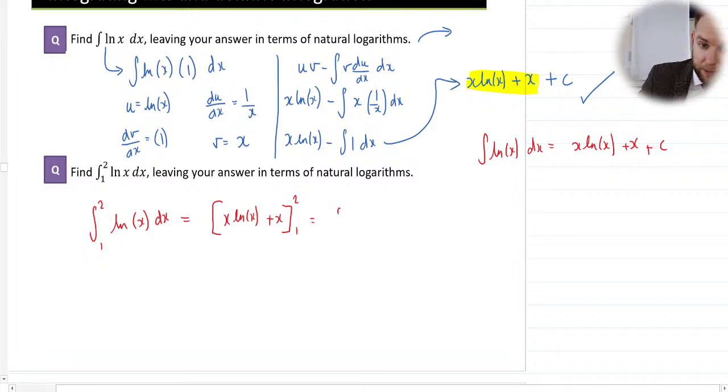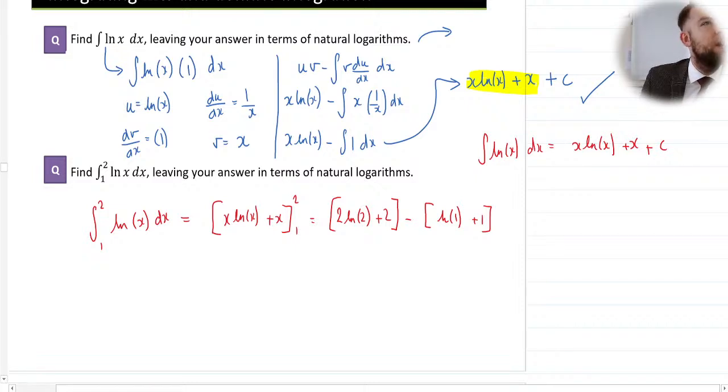And this is going to be equal to 2 ln of 2 plus 2 minus 1 times by ln 1, so ln 1 plus 1, which is going to be equal to, what is 1 ln 1? ln 1 is equal to 0, is it?